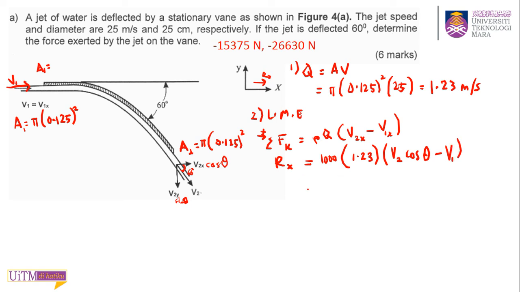Okay, so you can substitute everything. Okay, V2 ni berapa V? 25 lah, 25 kan. So this is the same area, so the V is the same. V1 and V2 ni sama lah. Okay, 25 cos 60 tolak 25. Ya, darab 1.23 darab 1000. Berapa nilai ni?